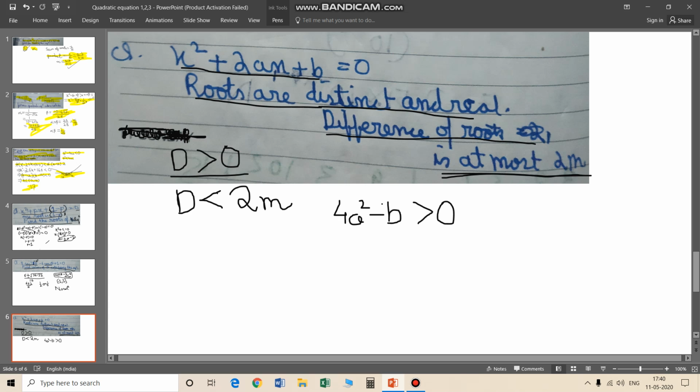Take 4 common, a square minus b is greater than 0. Take b to the other side, b is less than a square.